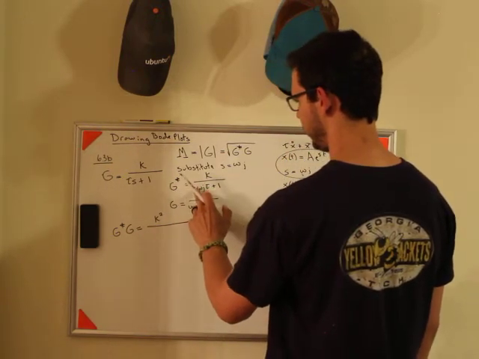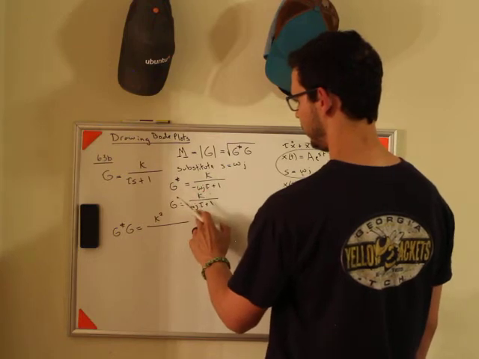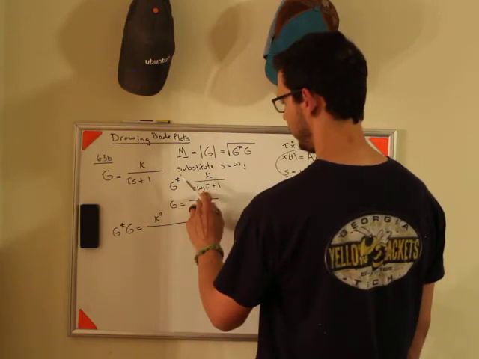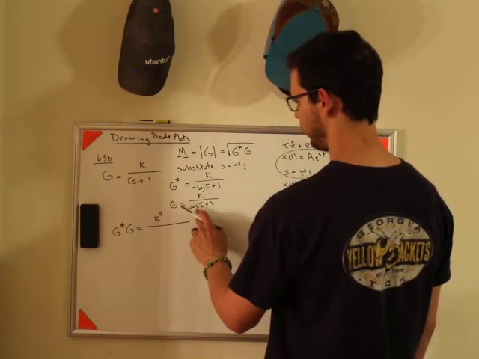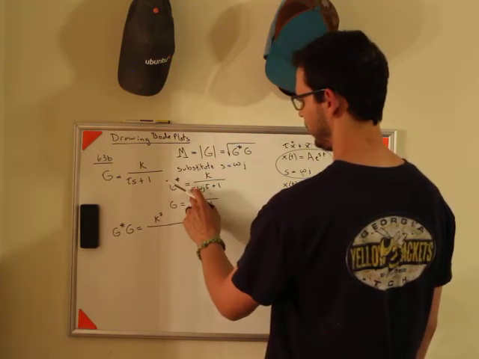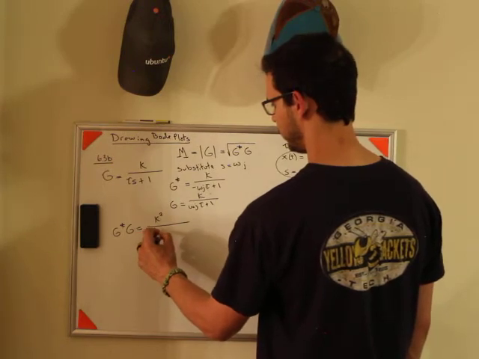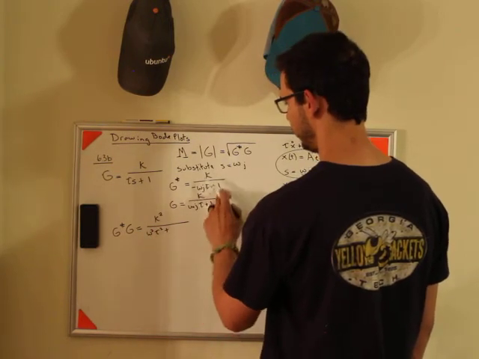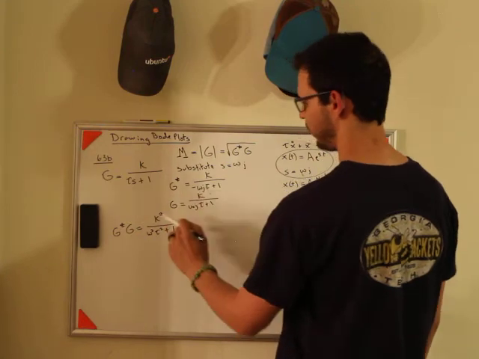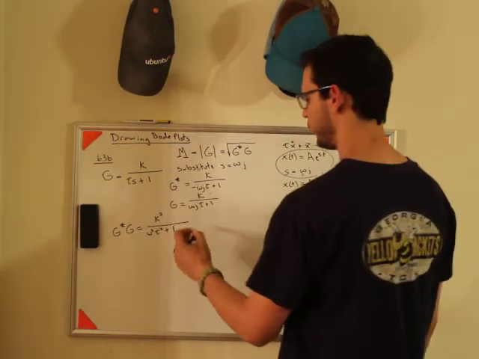I'm going to get omega j times omega j, which gives me j squared, which is negative 1. The negative 1 is going to cancel with the negative, so I'm going to get omega squared tau squared plus 1, and then the complex conjugate goes away. And then I do a square root.